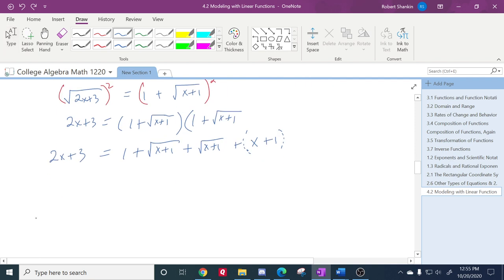So I'm going to get 2x plus 3 equals, the 1 and the 1 make 2. And then this x I'm going to put next. And then these two together are like terms. One of these plus one of these makes 2 of those.